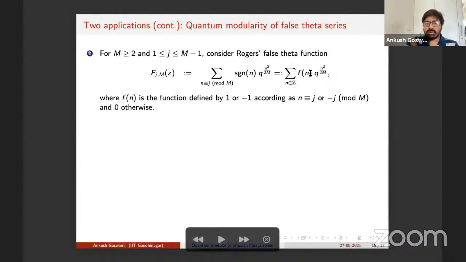So this is an example of an odd function, as you can see, and using our result, it follows that this function f sub j comma m is a quantum modular form of weight 1/2 over q for gamma 7.